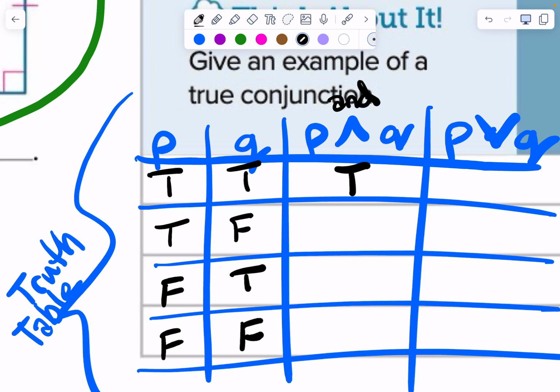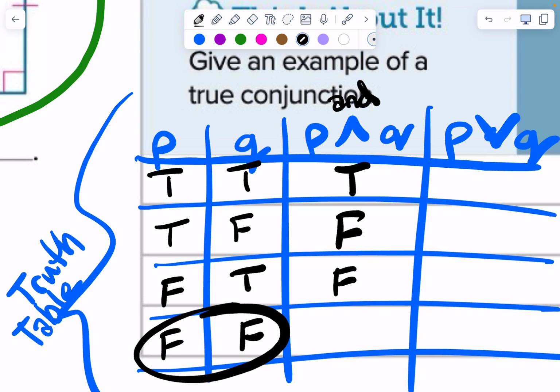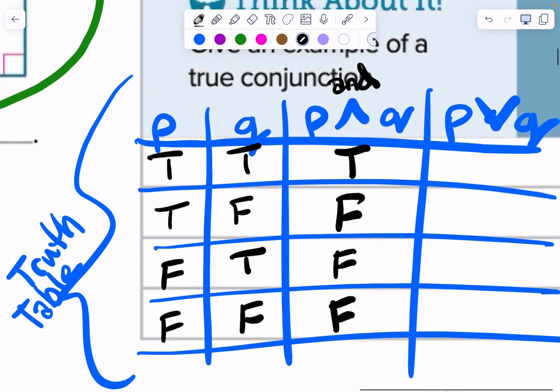No, so it's false. This one, is P and Q true? No, so it's false. Here, is P and Q true? No, so all of it's false. So the only way an and statement can be true is if both of them are true.